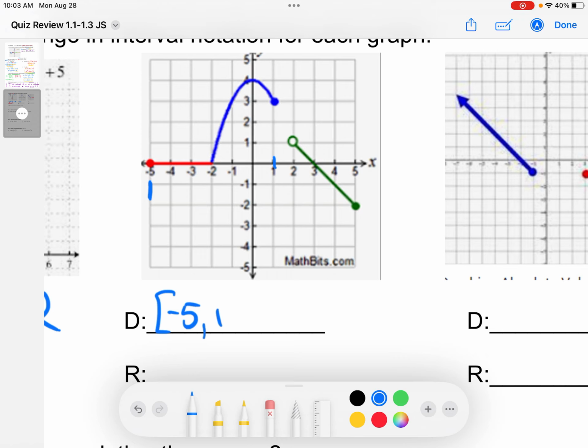And that's an open circle at +1, so it is a parentheses. Then there's a gap, so it's a U for union. We start over again at 2, and that's an open circle, so it's a parentheses, comma. We keep going all the way to 5, and that is a closed circle, a dot, so it stops at 5.